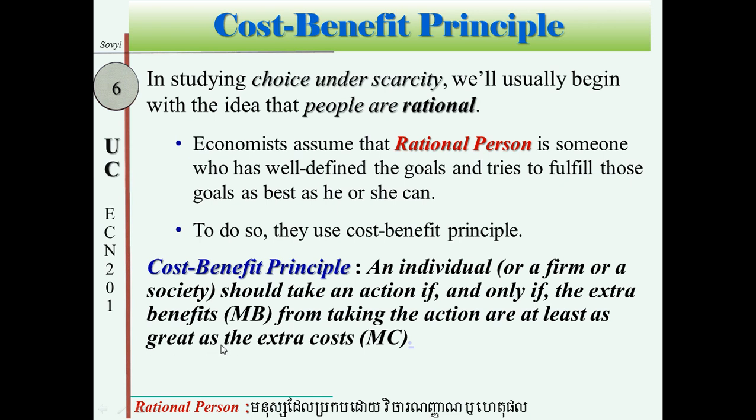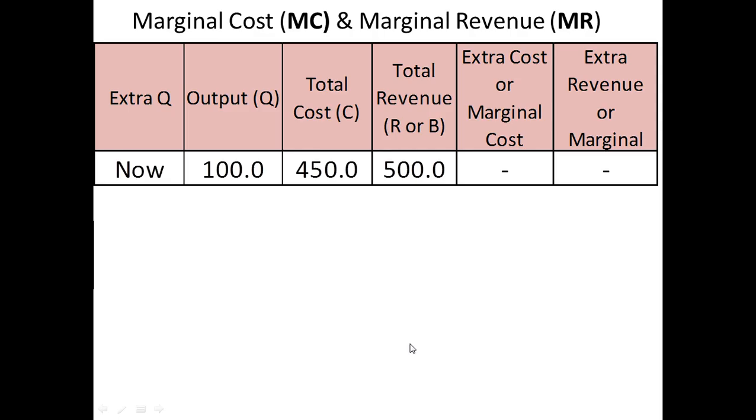I have one example for you on how to find extra cost or marginal cost, and extra benefit or marginal benefit. Okay, go together. This is about marginal cost or extra cost that I just mentioned in the previous slide, and marginal revenue or extra revenue.